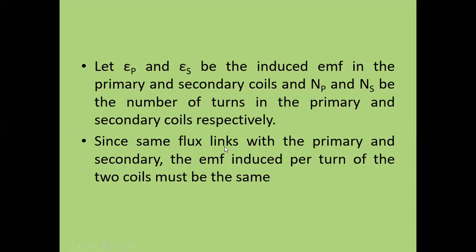Okay. Now the flux linked with the primary and the secondary are the same. So there is no loss of flux. Whatever flux changed in the primary, it will be linked with the secondary. So the EMF induced per turn of the two coils must be the same. So the EMF will also be what? Same.